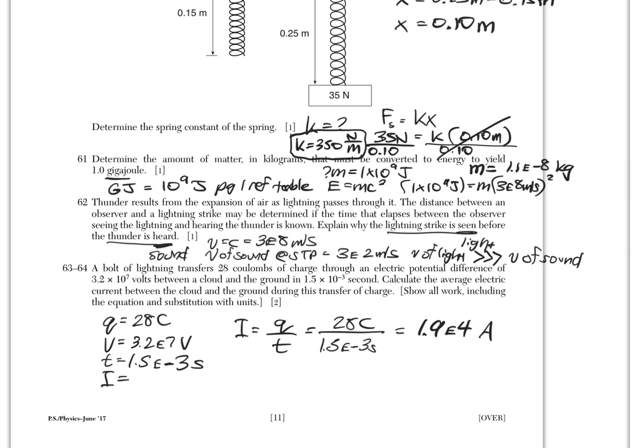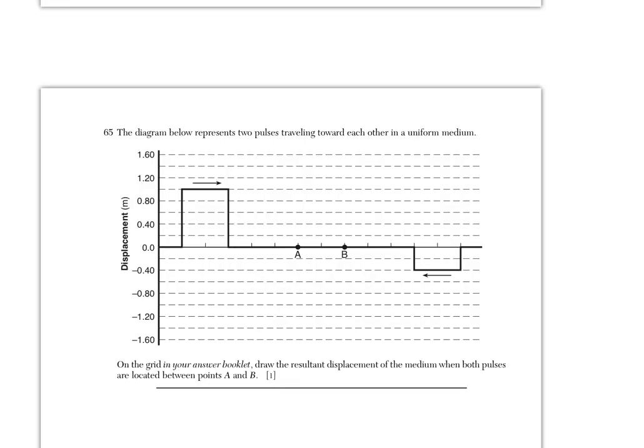What do you want? And then our last part B question is number 65, and we have the two square pulses. One has an amplitude of 1 meter, and the other one has an amplitude of negative 0.4 meters. And so when we put the two of them together, the negative 0.4 knocks down the 1 meter.